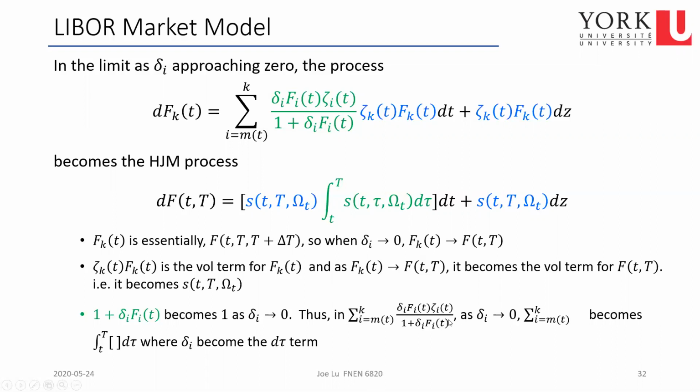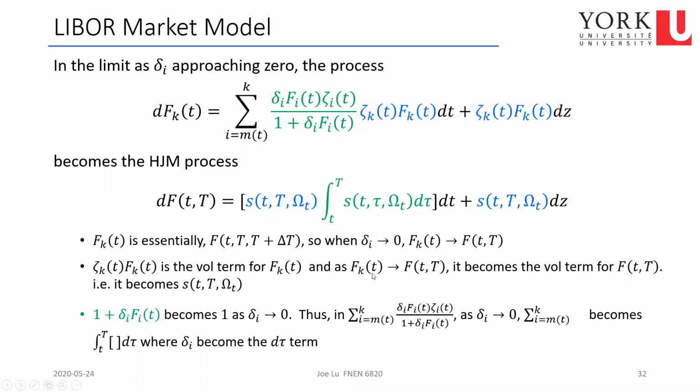As delta I approaches 0, you basically get a d tau here for the integral. So it's basically d tau, and this discrete sum becomes an integral here.